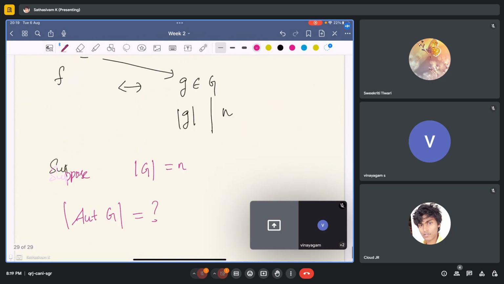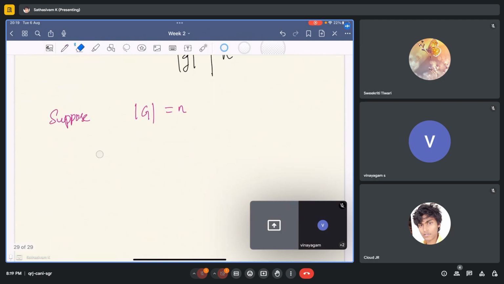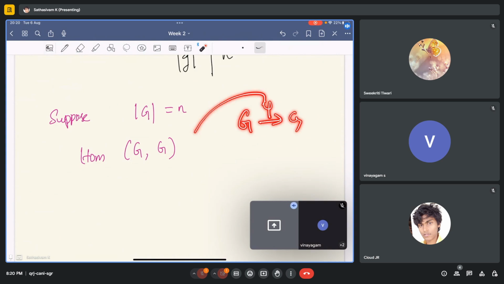Okay, here I'm saying homomorphism, so I will just change it to homomorphism. If you look at this one, homomorphisms from G to G, from the same group to the same group. When I write something like that, this means the set of all homomorphisms from G to G. You take the phi, and all the phi's are here.